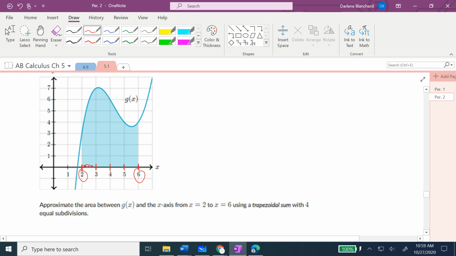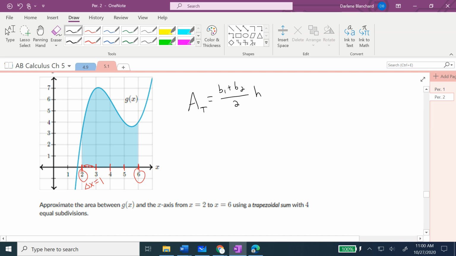Each of those is giving me a delta x of 1. In the trapezoidal approximation of area, that's the, quote, height of the trapezoid. And let's remind ourselves the area formula of a trapezoid is base 1 plus base 2 divided by 2 times the height.